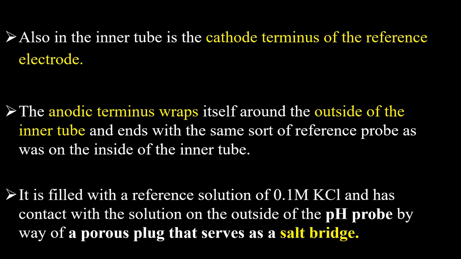It is filled with the reference solution, which is 0.1 molar KCl, and has contact with the solution on the outer side of the pH probe by way of the porous plug, and that porous plug actually serves as the salt bridge.